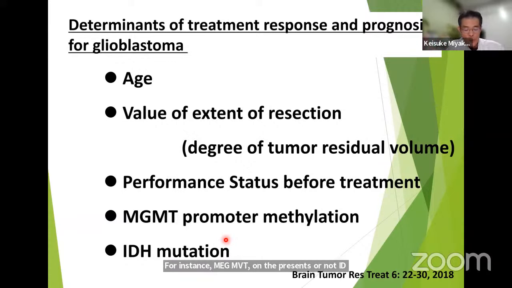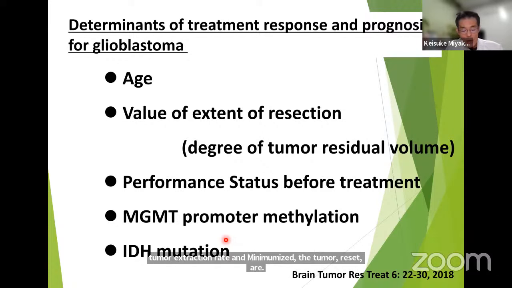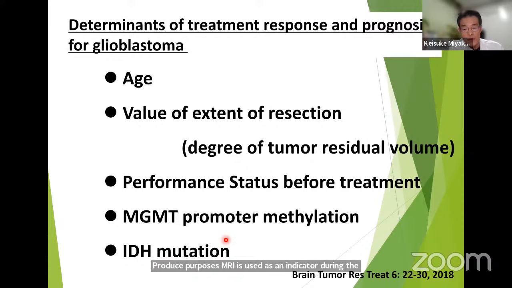What we can do to prolong survival is to increase the tumor extraction rate and minimize the tumor residual volume. For these purposes, MRI is used as an indicator during the removal of glioblastoma.